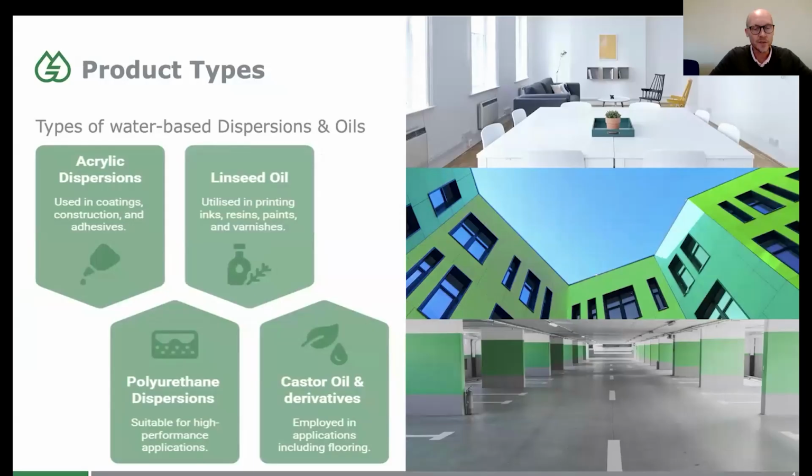We have a very broad range of polyurethane dispersions, based on polyester, polyether, and polycarbonate polyol technology, ranging from very soft, flexible polyurethane dispersions to very hard polyurethane dispersions with high chemical resistance. And we still offer linseed oil and castor oil into the markets, and also derivatives of those oils.